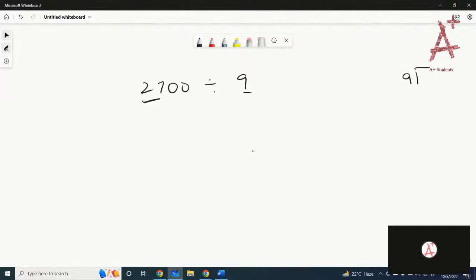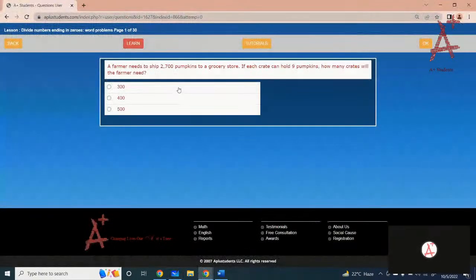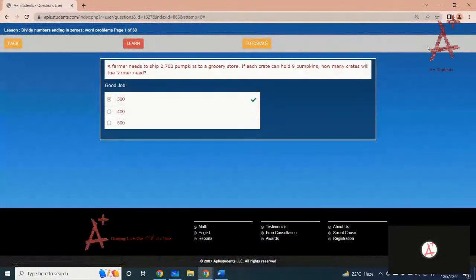Just divide 27 by 9. 9 times 3 is 27. So you have 3. The divisor doesn't have any zero, just the dividend has two zeros. That means the answer must have two zeros. It would be 300. Got it? Select the correct option and click on the OK button.